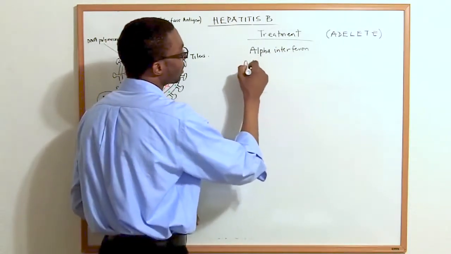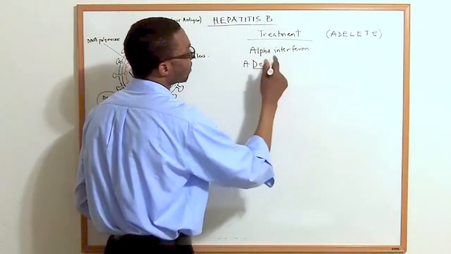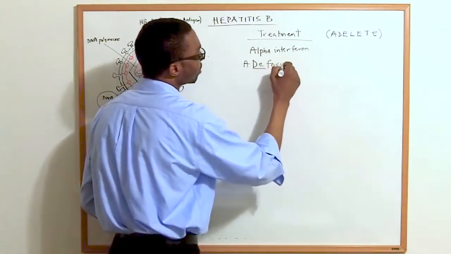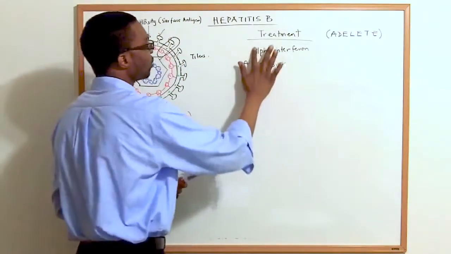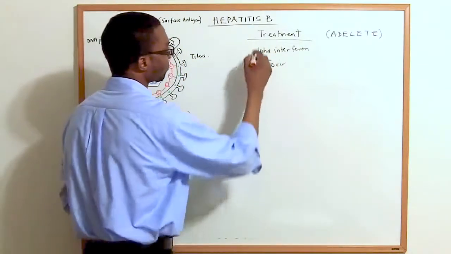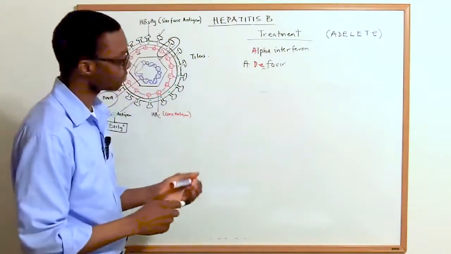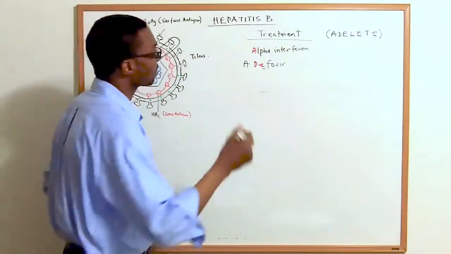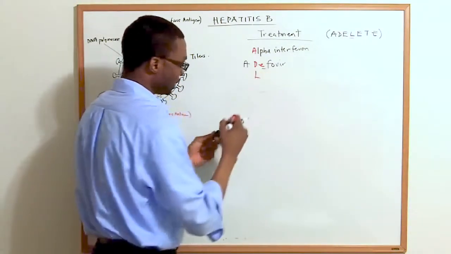D, another drug, Adefovir. Adefovir. Let me show you what the mnemonic is so you see it. Adefovir. The next drug is L, Lamivudine.